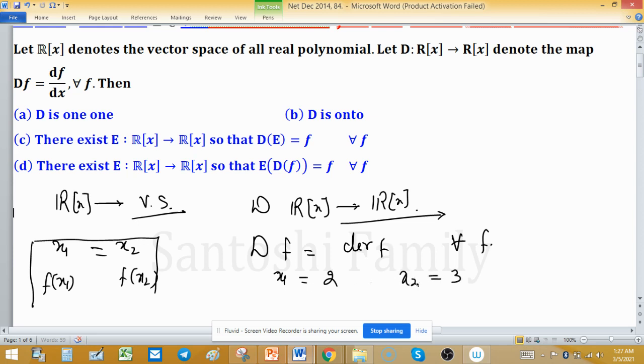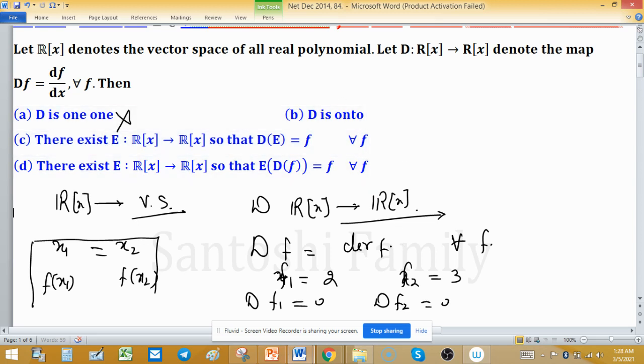As these are constant functions, you can consider them as f1 and f2. So these are constant functions, and the derivative of f1 is 0 and the derivative of f2 is again 0. We have two different inputs but their images are the same, so D is not 1-1. So option A is eliminated here.